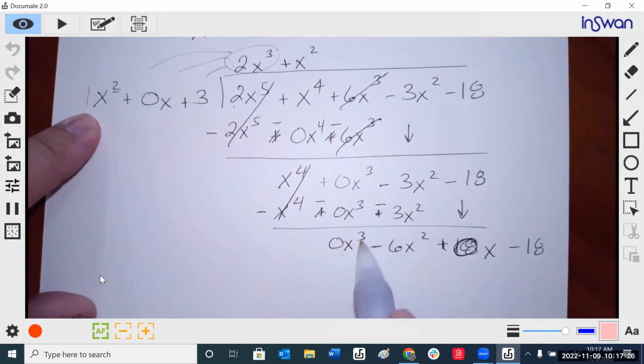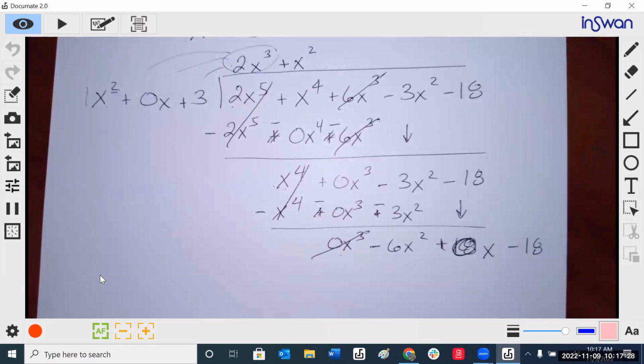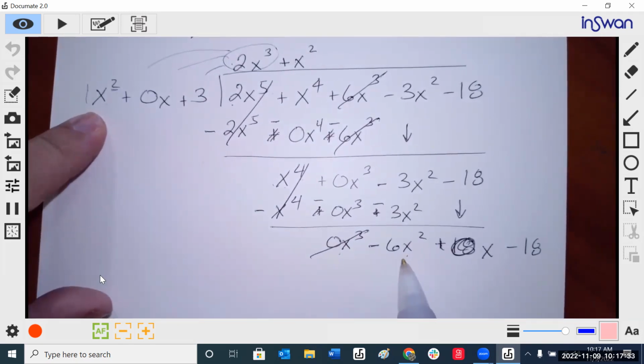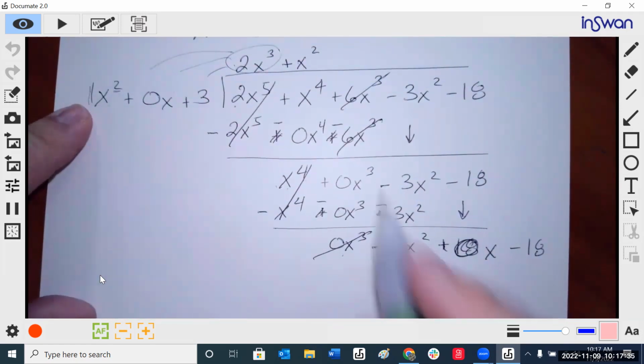Since that's a 0, I can't do anything with that. So x squares. Positives and negatives and negative.